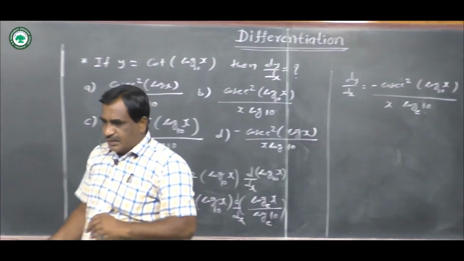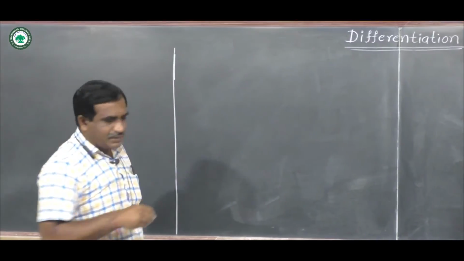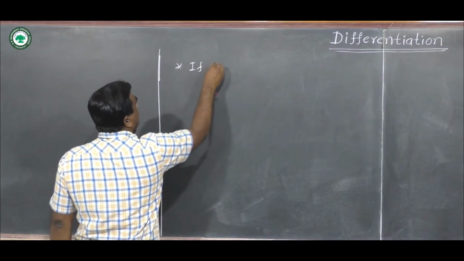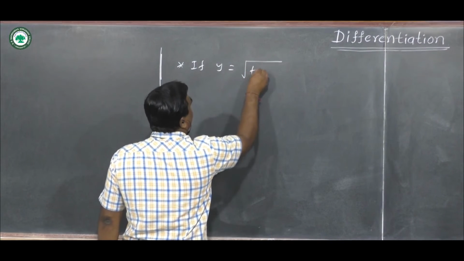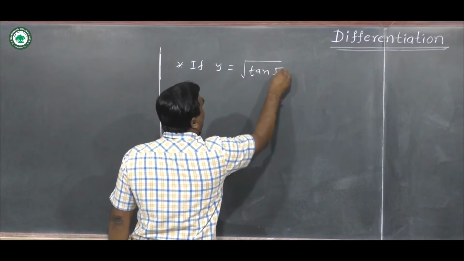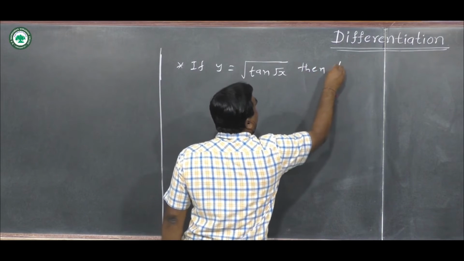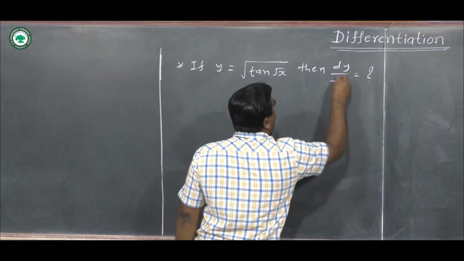Now we see the next example. The third example is again a composite function. If y is equal to under root tan of under root x, then dy by dx equal to question mark.